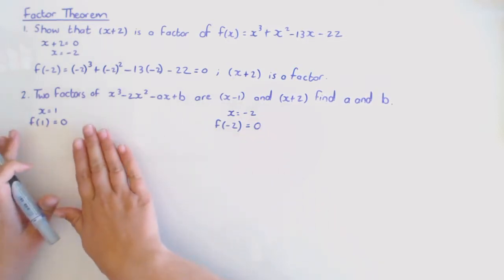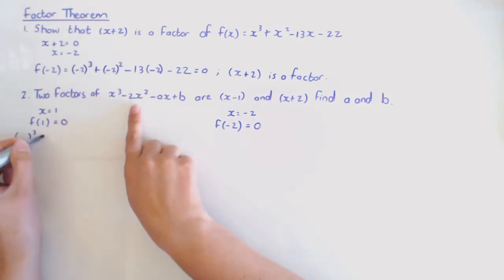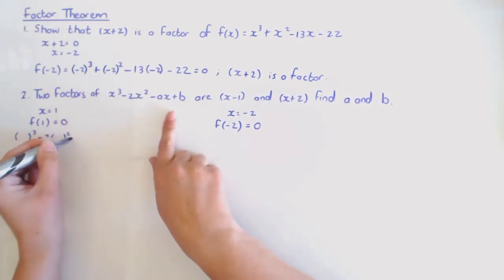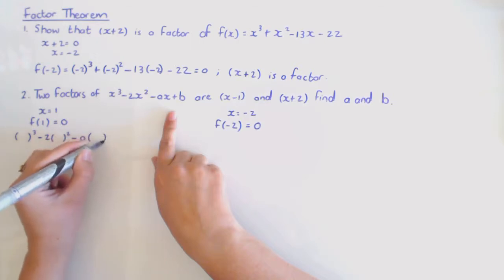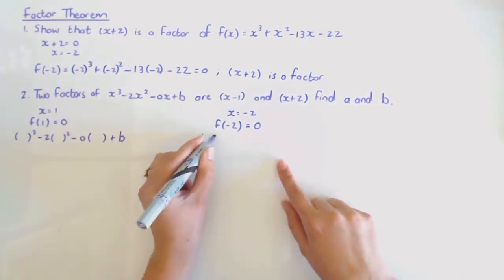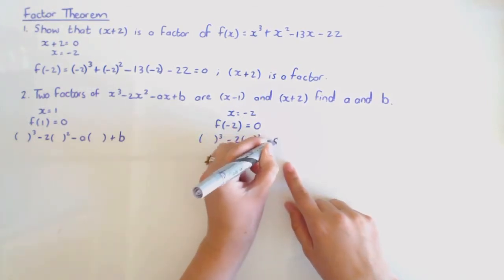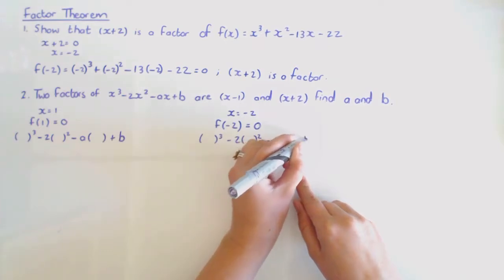So let's do this. The function is x cubed minus 2x squared minus ax plus b. And for this side also, x cubed minus 2x squared minus ax plus b.